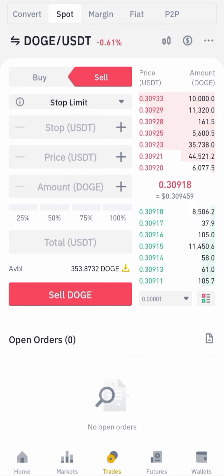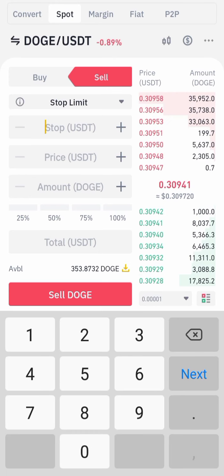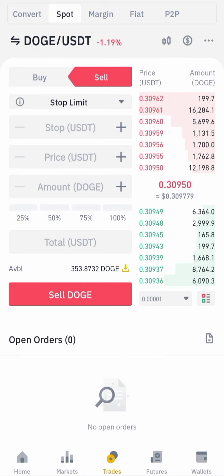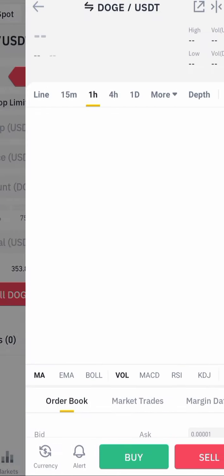So your stop price is the specific price you want your stop loss to be triggered. It means if the price gets to your stop price, let's just look at the charts.